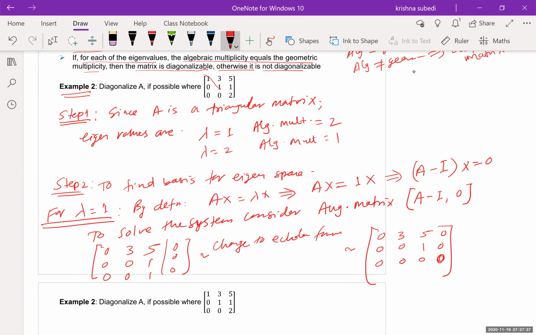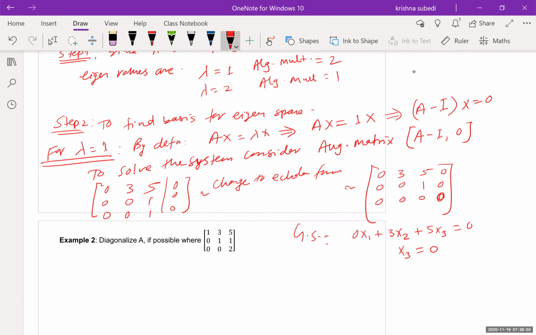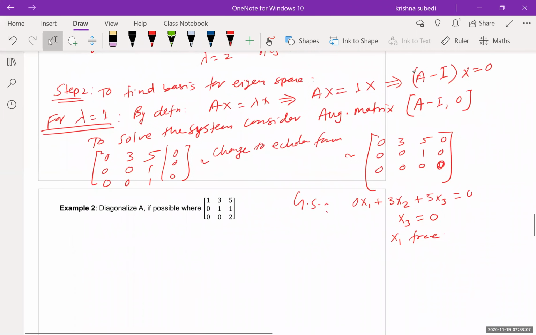So let's see the general solution. 0x1 plus 3x2 plus 5x3 equal to 0. And from the second one, we have x3 equal to 0. And what is free? x1. Free. So now, x1 is free.